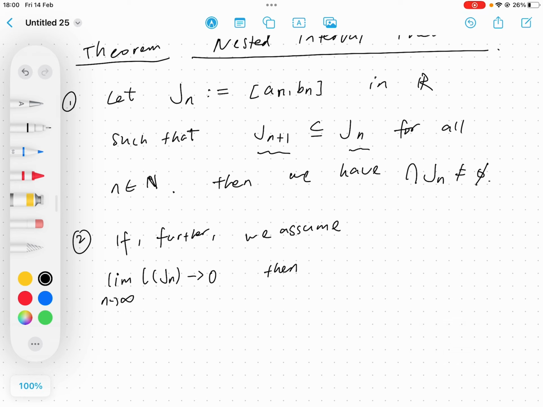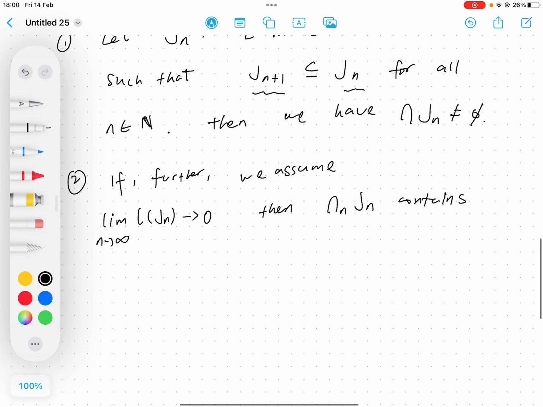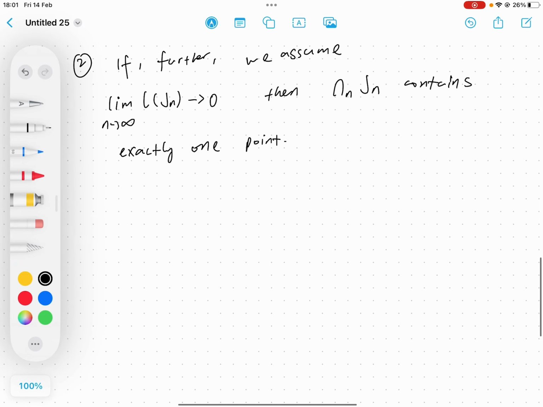Then we can also say something about that intersection: with this limit, it contains exactly one single point. This is pretty interesting, right? When something contains exactly one point, it must be very useful when we try to prove things later.